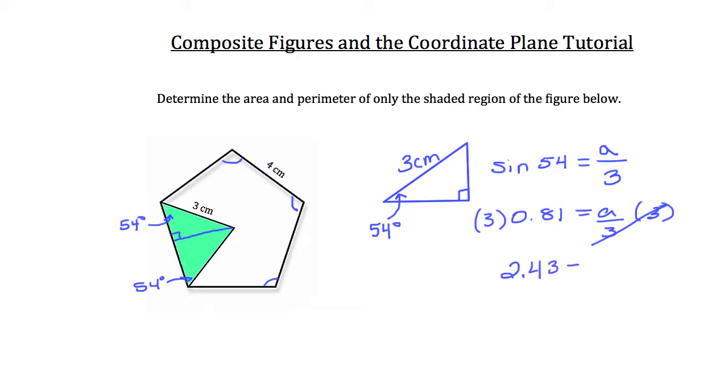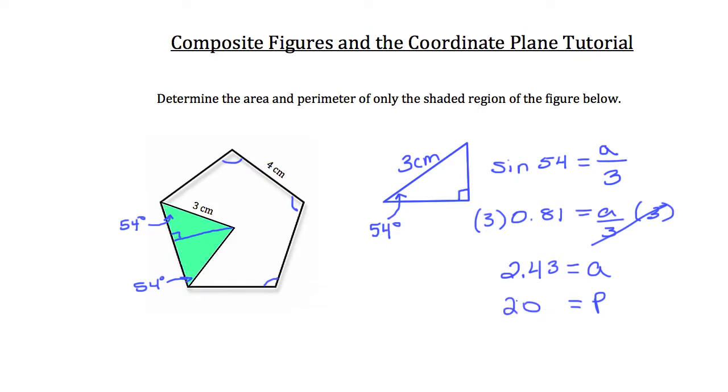So that's the length in centimeters of our apothem. And we know that our perimeter is just 4 centimeters times the 5 sides of this pentagon. So 4 times 5 is 20, which means that our perimeter has a length of 20 centimeters.